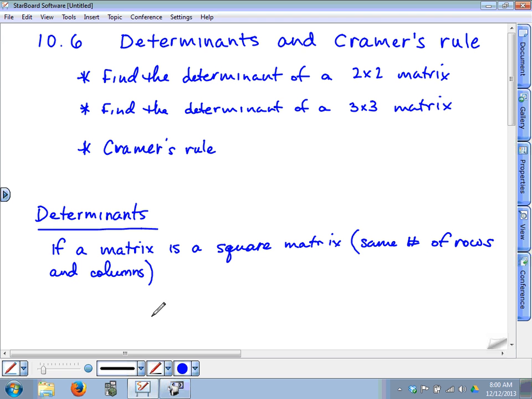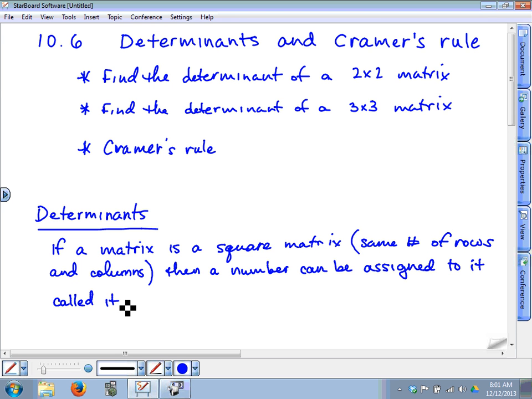So if a matrix is a square matrix, then a number can be assigned to it called its determinant.